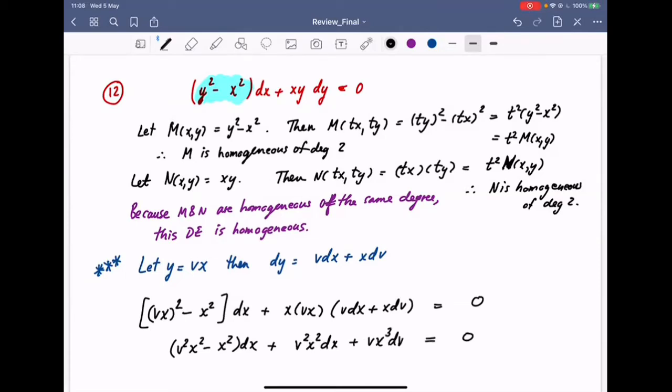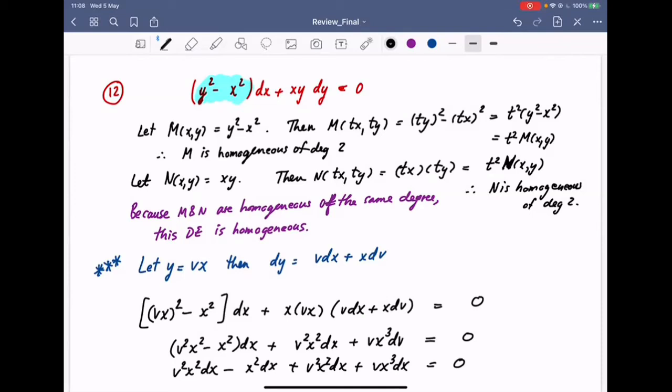Oh, it looks similar to the example in class, huh? We're going to expand that first because I want cancellation. Do they cancel, or did I do something wrong? Let's see. They do not cancel, because you have v squared x squared two times.